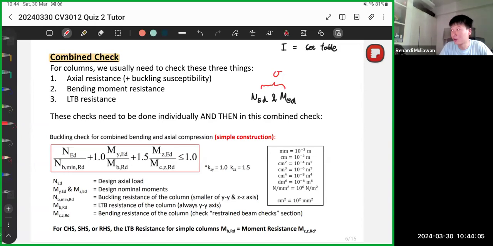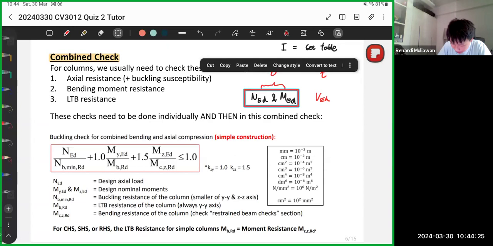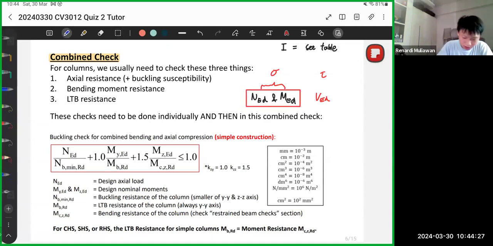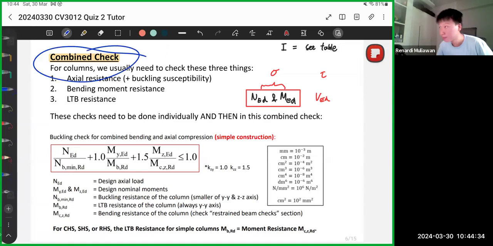Both are under normal stress, while VED is usually under shear stress. So NED and MED should interact with each other. When we design a column, we must consider this interaction, and this is what we call the combined check. It considers the interaction between the axial force and the moment.